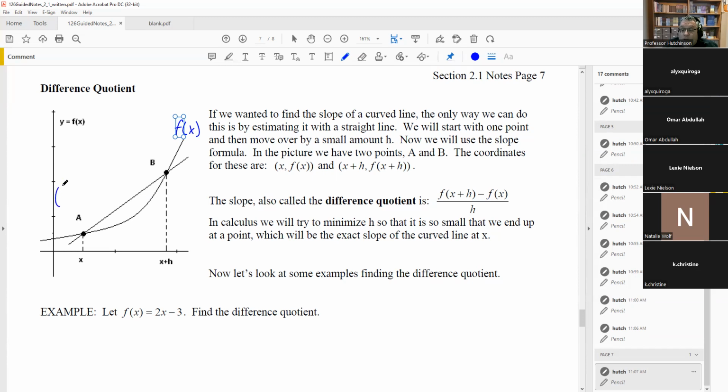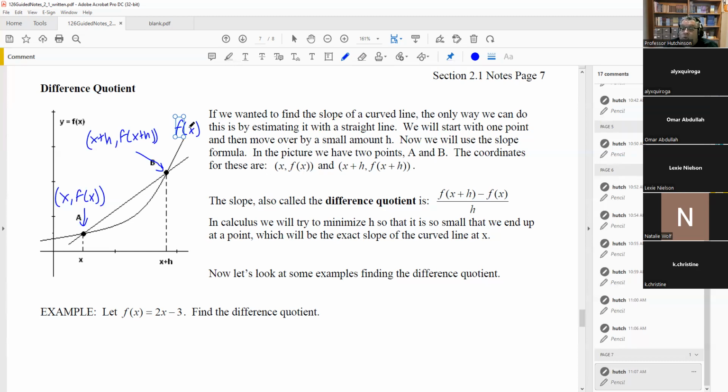This is going to be x, and f of x would be that coordinate right there. And this coordinate right here, we're calling b. That's going to be x plus h, and then f of x plus h. So f of x is the original equation I had, and you put x plus h inside the parentheses.